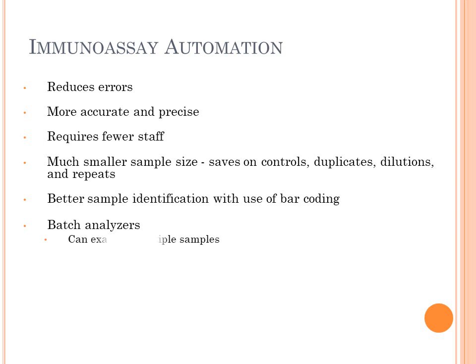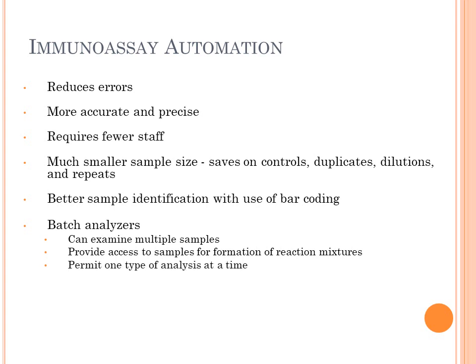Now we can kind of divide analyzers into two categories, and the one category is batch analyzers, where you load these things up, okay? And so I might be able to run 50 specimens at a time, but generally it's going to run all 50 of those before it then goes on to the next assay type. And so we do have access to the samples, which is a good thing, but the negative thing is one type of analysis at a time.